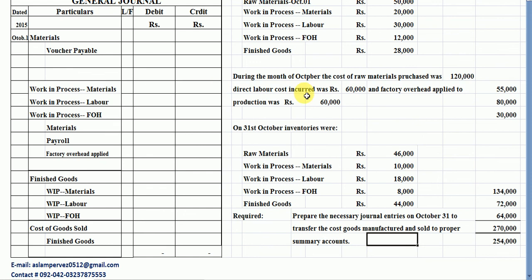Now you can see that 1,20,000 rupees you purchased during the month, which is charged to the material account and credited to the payable account here, 1,20,000 rupees here, the same 1,20,000 rupees here as payable.